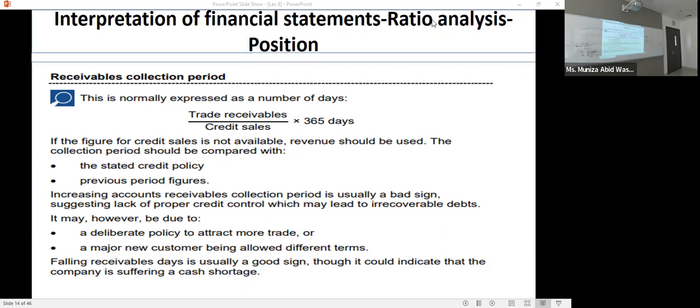And previous period figures. From the previous period also, we have to compare the receivable collection days. If it's increasing from the previous days, it means that either the credit sales are increasing, or on the other hand, the trade receivables are decreasing. Okay. So increasing accounts receivable collection period is usually a bad sign, suggesting lack of proper credit control, which may lead to irrecoverable debts.